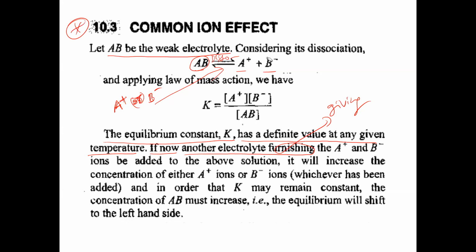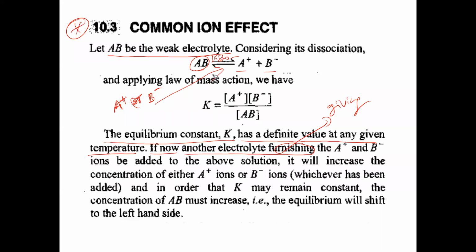If you add any common ion to the equilibrium mixture, the backward reaction will take place. Then the dissociation of AB will be decreased, suppressed. Suppressed means decreased. So the suppression of dissociation of a weak electrolyte takes place when we add any one common ion.